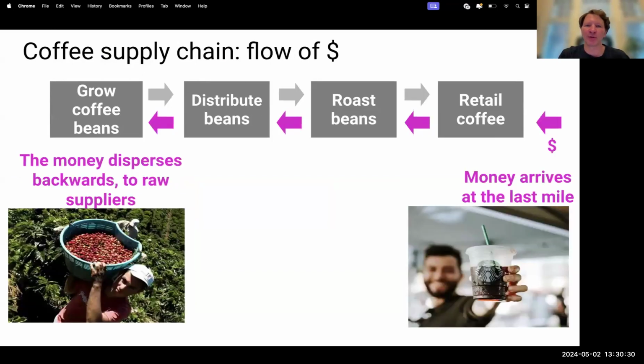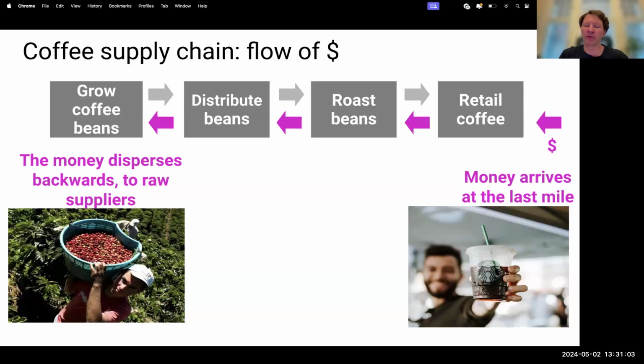Let's elaborate on this. What is the flow of money? So the money doesn't originate on the left side with the farmers in Costa Rica. No, it originates when that consumer walks into the Starbucks, opens their wallet, and gives their $4 for their iced coffee, right? So the money arrives at that last mile at the retail coffee outlet, and it finds its way bit by bit back to the roasters.